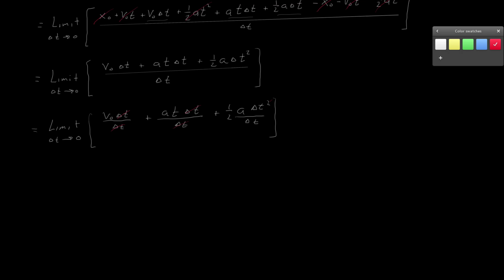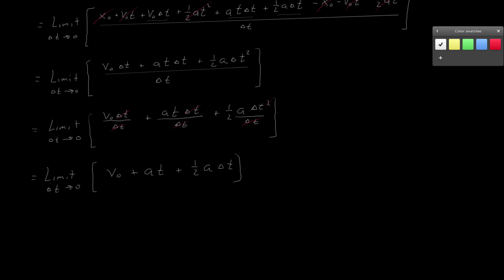And I can cancel one factor of delta t here with a factor of delta t there. And we're almost here at the end. I'm just about to consider the actual limit as delta t approaches 0. After all this time. Pun intended. So I have v naught plus at plus 1/2 a delta t.